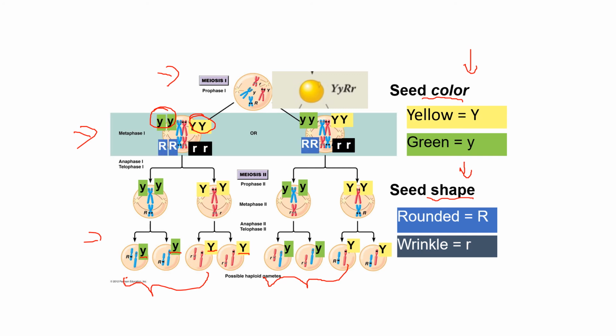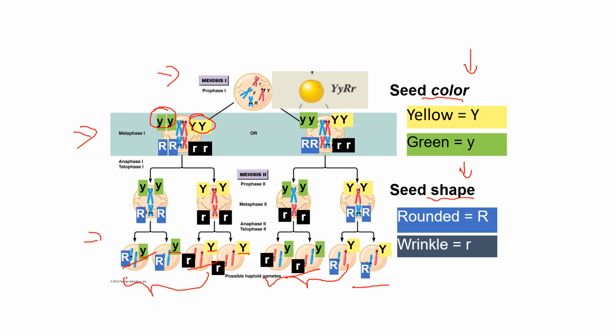So you will have round and wrinkled, and here they will divide, and then they will randomly locate. So you will have some of them that are dominant and recessive, some of them dominant and recessive, some of them that are both recessive, and some of them that are both dominant. And again, this happens randomly, and all this mechanism is based on the movement of the chromosomes during meiosis.